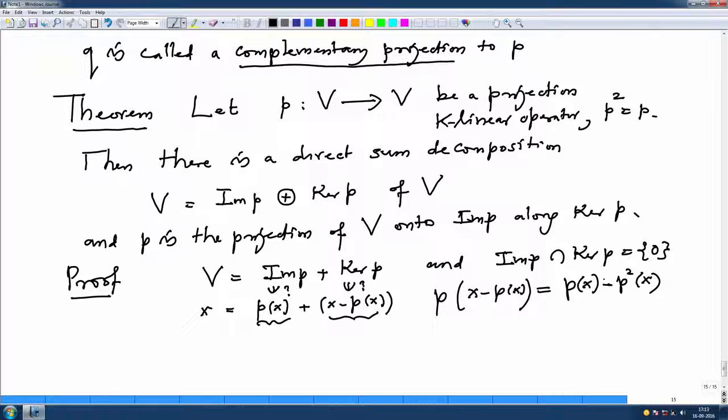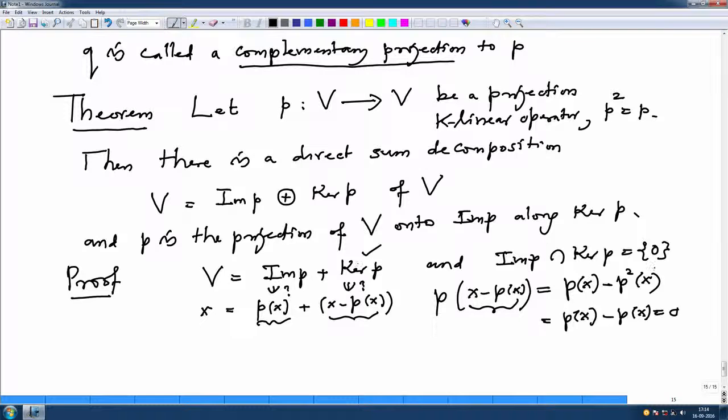But P square is P because P is a projection. So, this is Px minus Px, which is 0. So, indeed this is an element in the kernel. So, we have written every vector in V as a sum of two vectors, one in image P, the other in kernel P.